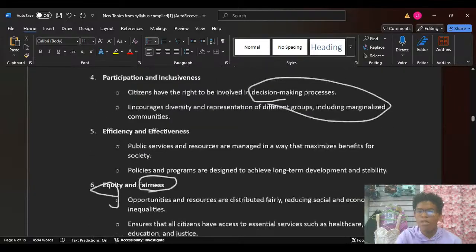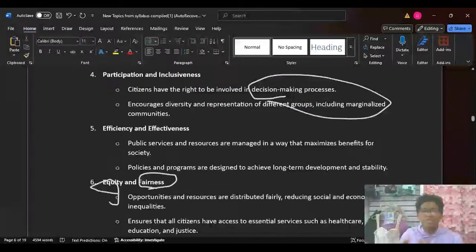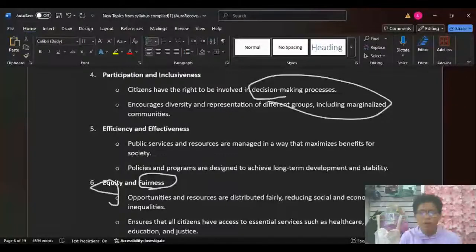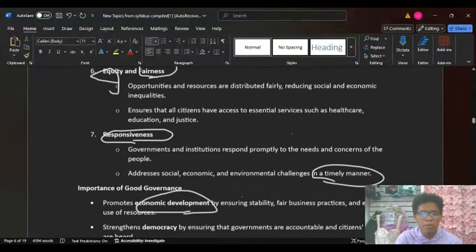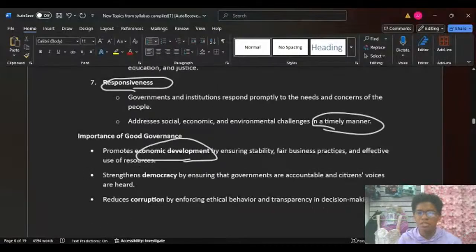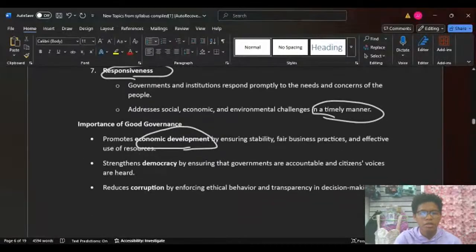When I say marginalized, I mean specific communities, different types of communities, like the Indian community. By the term marginalized, we mean specific or specified. Resources are distributed fairly, reducing social and economic inequalities. Responsiveness: governments and institutions respond promptly to the needs and concerns of people.